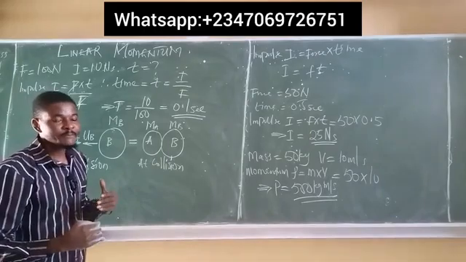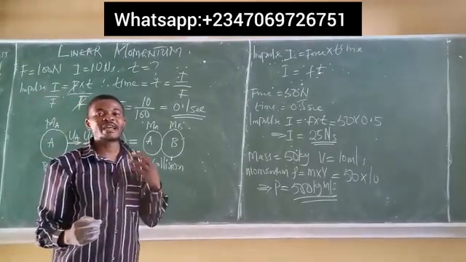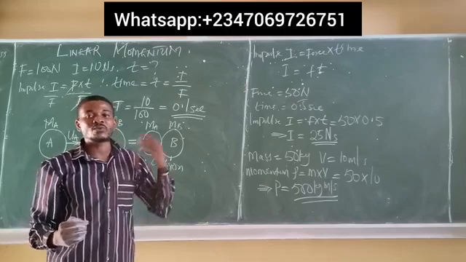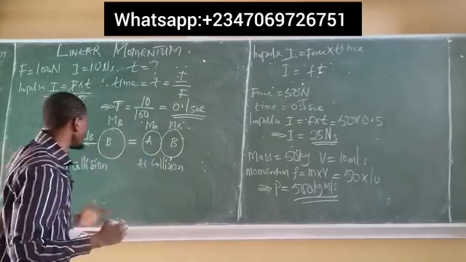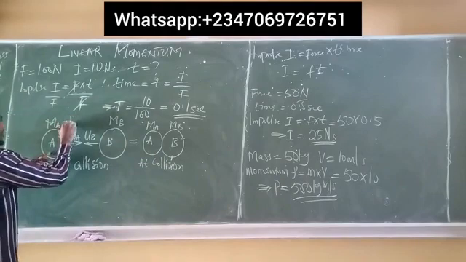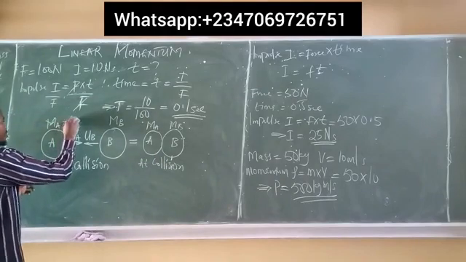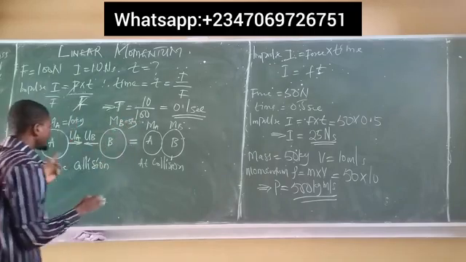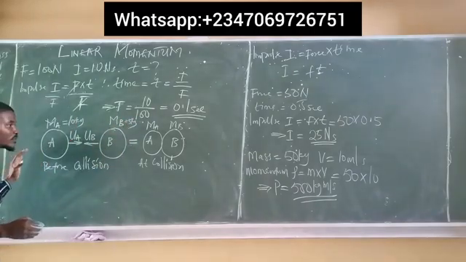What happens now is the object which has the higher mass will compel the other object to move in its own direction. For instance, let's say this is 10 kg, and the mass of this object is 5 kg, and object A is moving to the right.